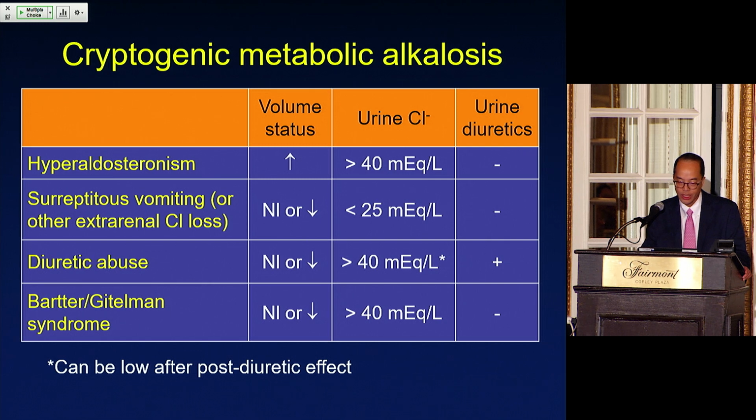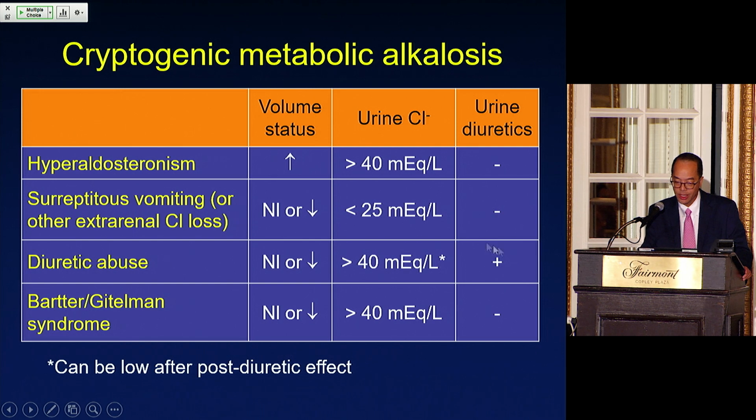If your urine chloride is high, which means greater than 40, then they're having renal salt wasting as the cause of the metabolic alkalosis. Differentiating between diuretic abuse and Gitelman's, not so easy. If you're lucky and you assay the urine when they're taking the diuretic, you can uncover a case.